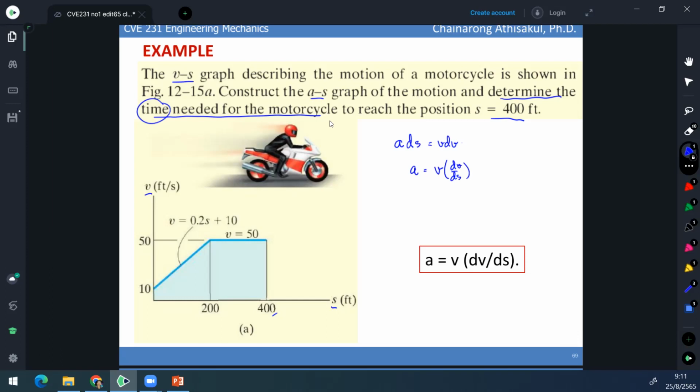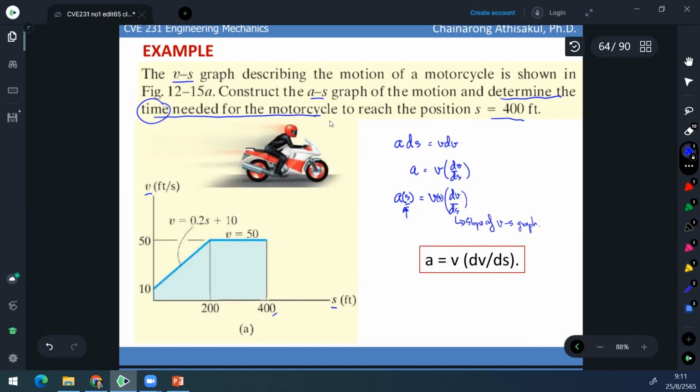We obtain the acceleration as a function of position, not a function of time right now. The relationship of acceleration in terms of position is velocity times the slope of the v-s graph, since we know the velocity for any position.